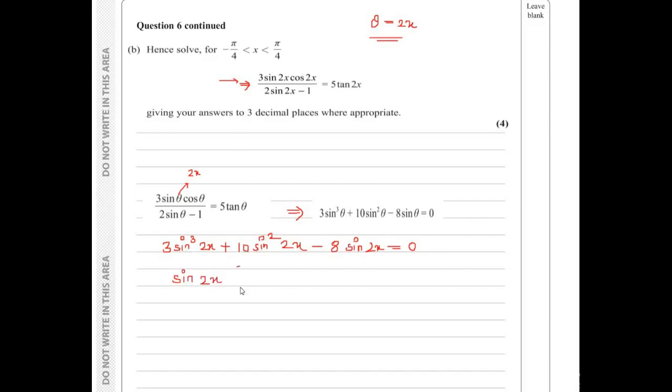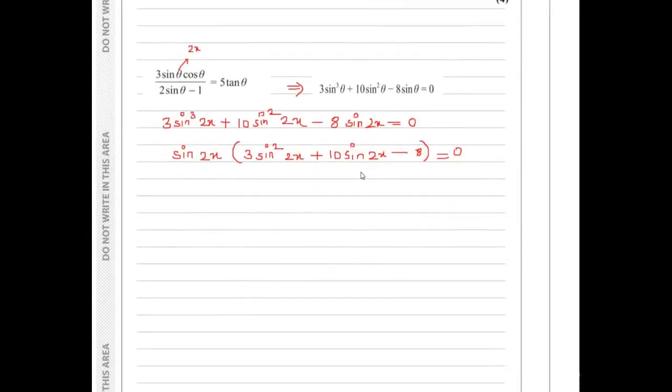In the bracket, 3 sine square 2x plus 10 sine 2x minus 8 equal to 0 remains. So we get two factors now. One is sine 2x equals 0 and another one is 3 sine square 2x plus 10 sine 2x minus 8 equals 0.